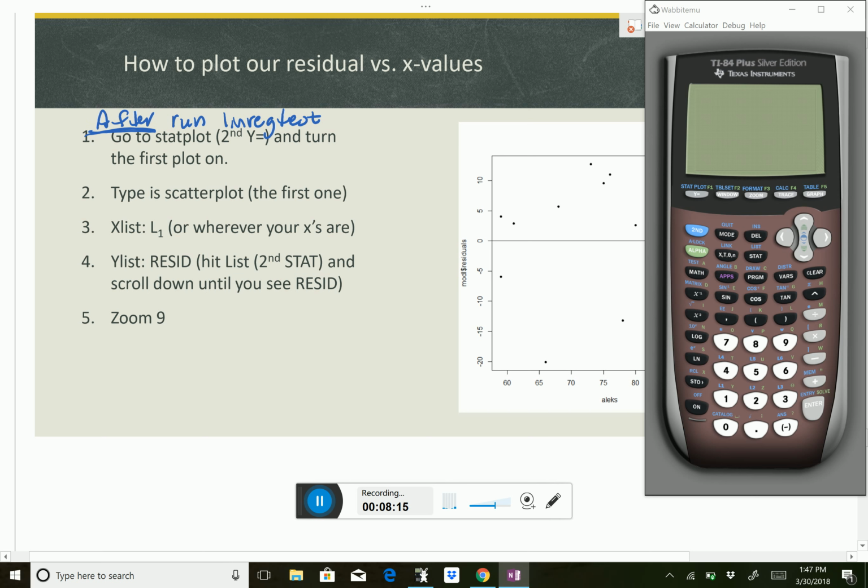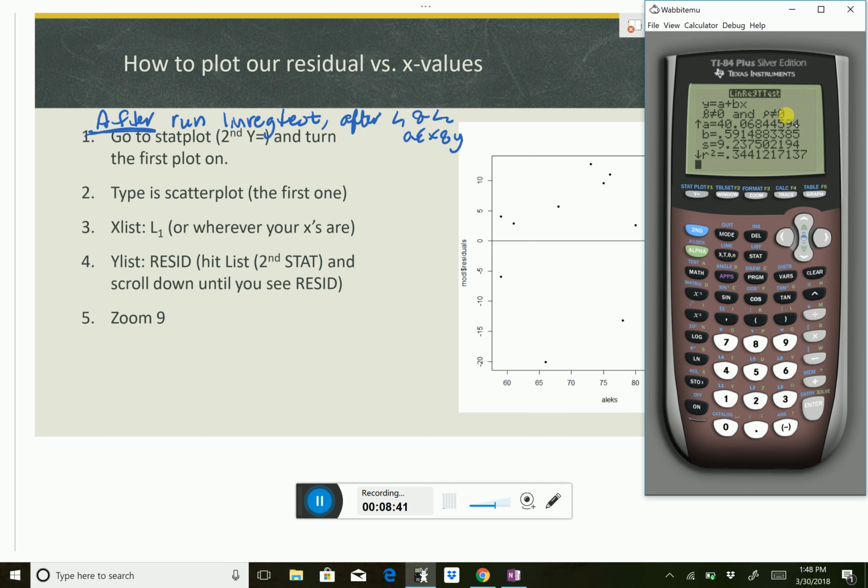So you have to run LinRegTTest first. And then after, L1 and L2 are our x and y. So that's what I'm assuming right now. Of course, your lists may be different. So there's the LinRegTTest that I just did, or, well, last time, okay, I'm doing these back to back. So yeah, I just did it.